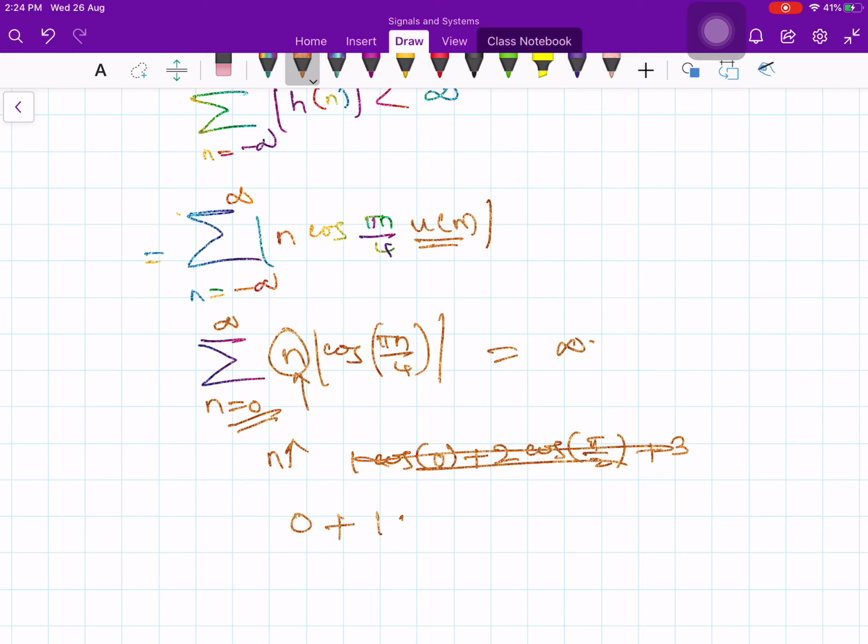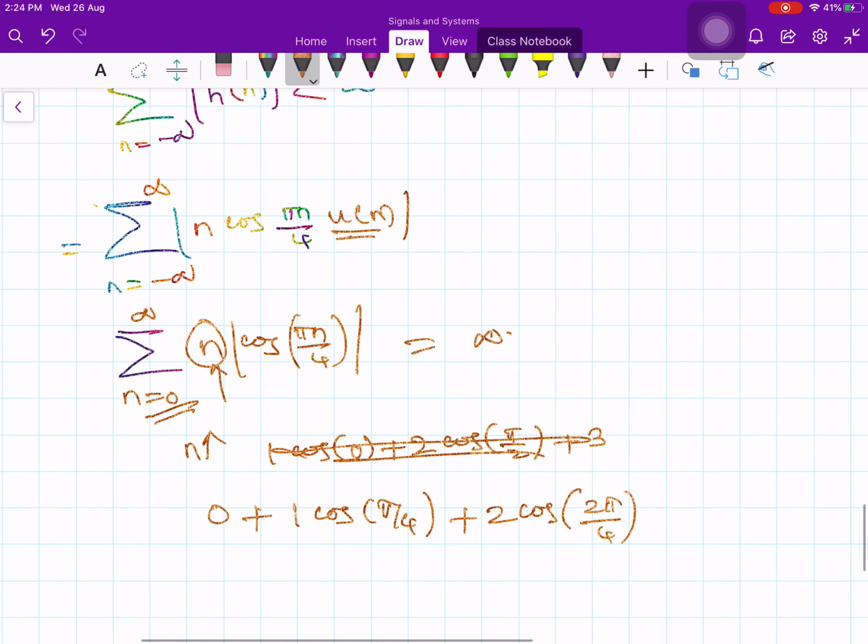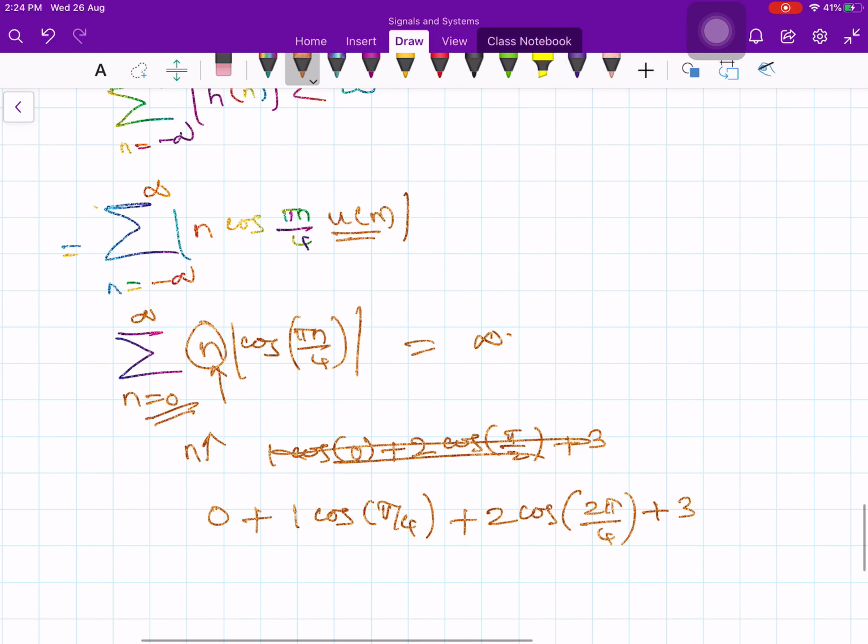When n equals 2, 2 times cos of 2 pi by 4. When n equals 3, 3 times cos of 3 pi by 4, plus and so on. Every time this is going to give some non-zero values, right? Cos of pi by 4, 2 pi by 4, 3 pi by 4. Sometimes it may give 0 also. When it becomes cos pi by 2, then it becomes 0. Anyway, the majority of the terms are non-zero terms.